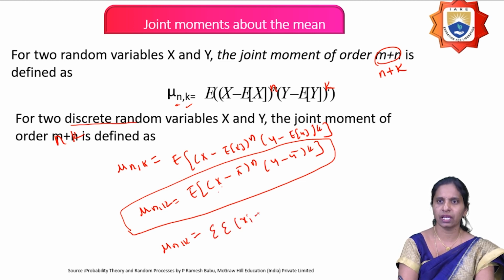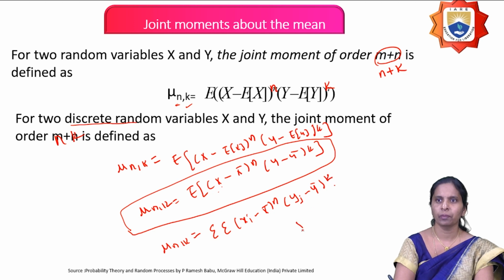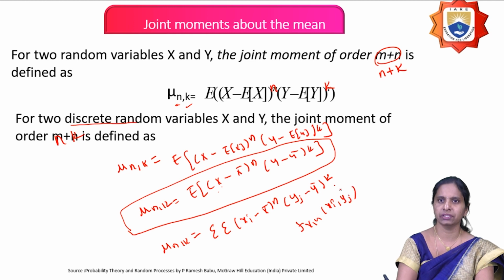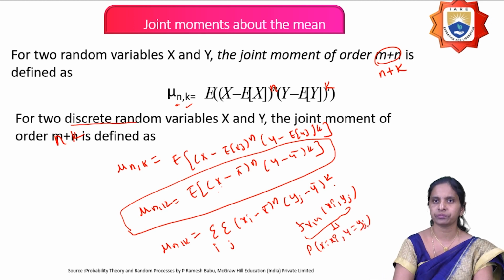Therefore, xi minus x bar power n into yj minus y bar power k into fxy of xi comma yj, where the sum is over i and j. Here fxy of xi comma yj is nothing but the joint probability, such that P of x equals xi and y equals yj.